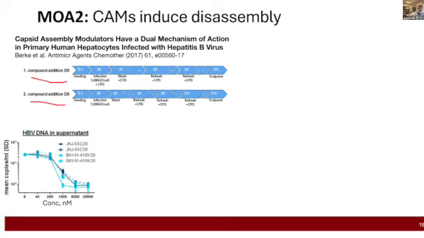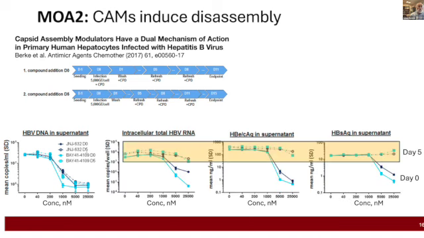Under both regimens, the two CAMs investigated were effective at suppressing production of new virus, but the effect of the regimens on production of other biomarkers, notably viral RNA, the E antigen, and the S antigen, were quite different.